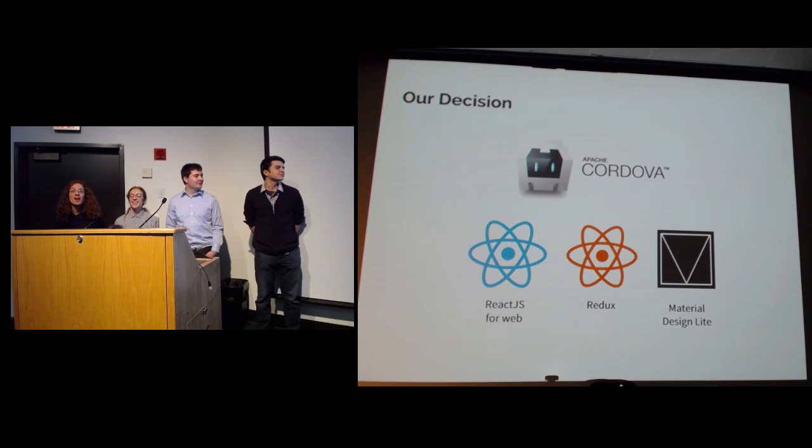And then to get around the fact that it was going to be a mobile web app, we are using Material Design Lite to use aspects that look like the Android UI. As far as using components, though, we're using React.js for web, and we're using Redux, which is an implementation of the Flux architecture.